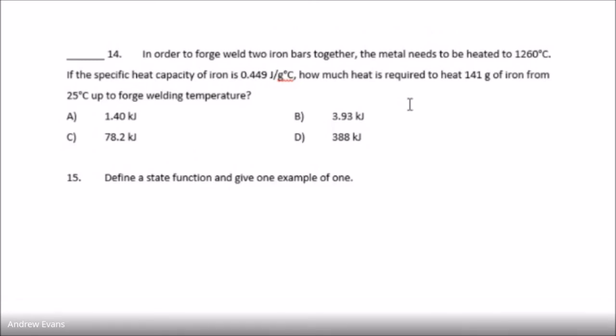If the heat capacity of iron is 0.449, how much heat is required to go for 141 grams of iron from 25 degrees to forge weld? So temperature final is 1260. Temperature initial is 25. Mass is 141, and heat capacity is 0.449.